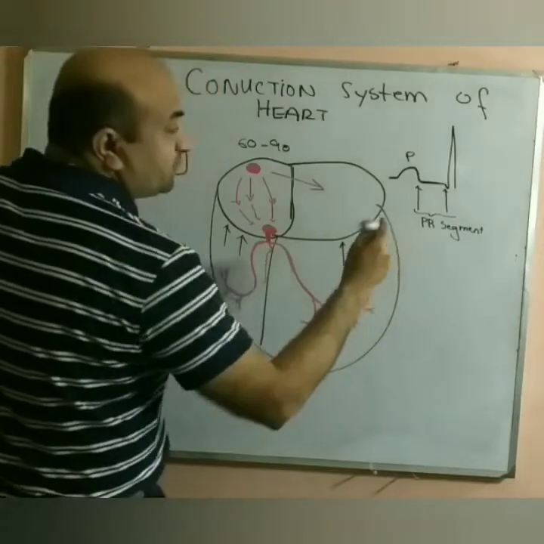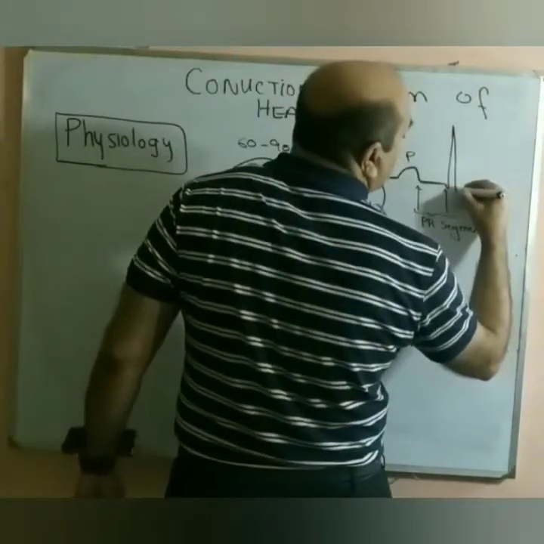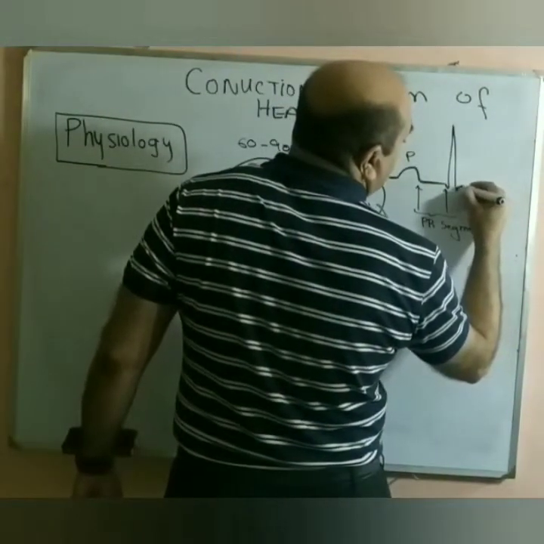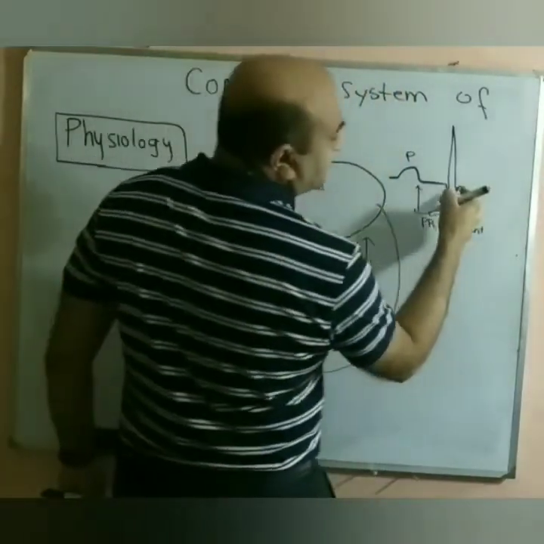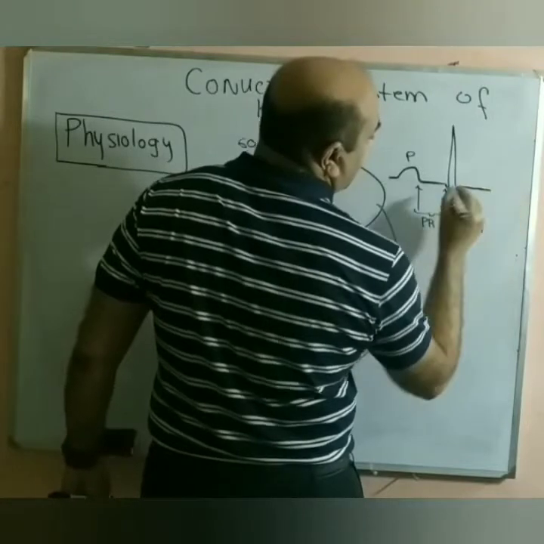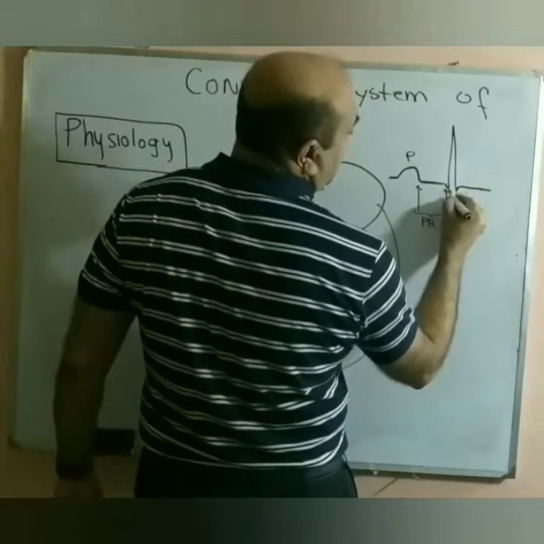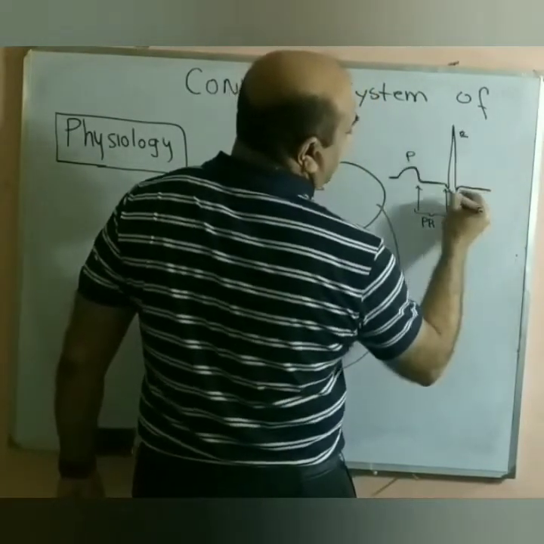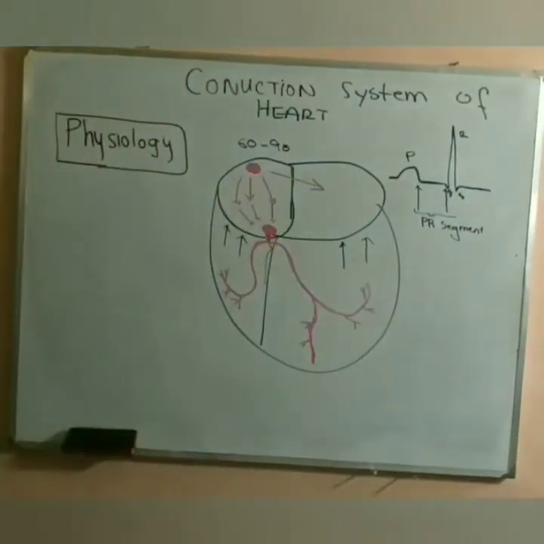So it generates a very small downward deflection, the S wave. Then comes the J point, which connects this straight line with the S wave. So this is the Q wave, this is R, and this is S. The QRS complex is generated by the depolarization of the ventricles.